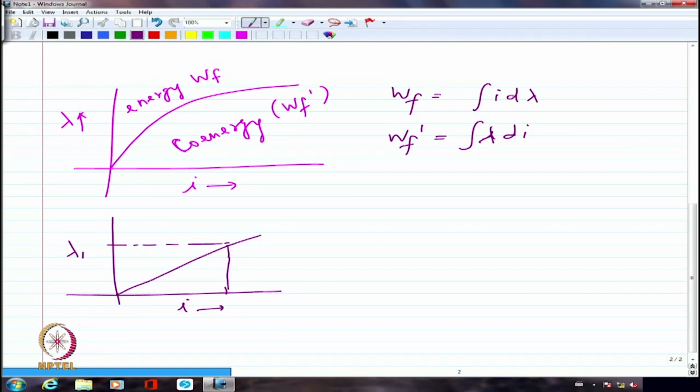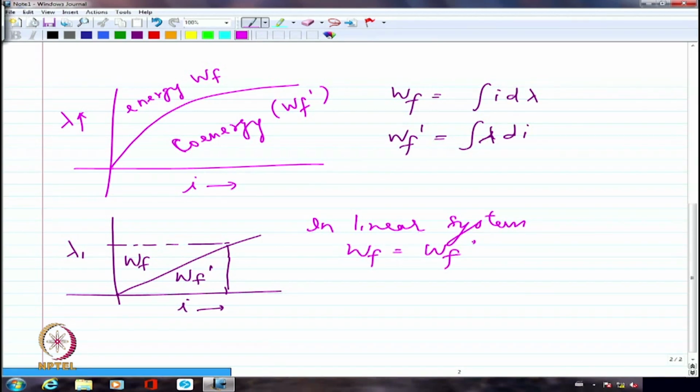So, I will have energy and co-energy equal to each other. So, whenever I consider linear magnetization characteristics, I am going to have Wf equal to Wf dash. Only in linear systems this is going to be true. Right? After this, we started considering a small movement.